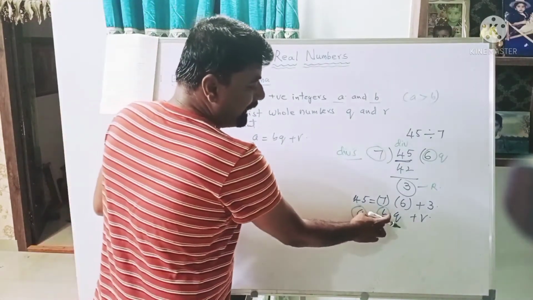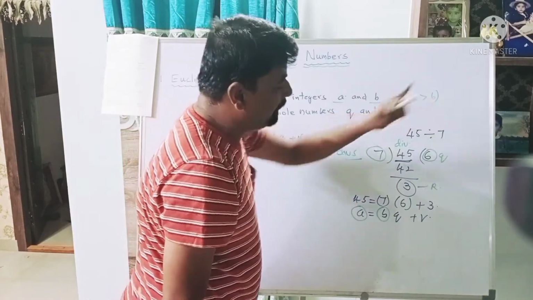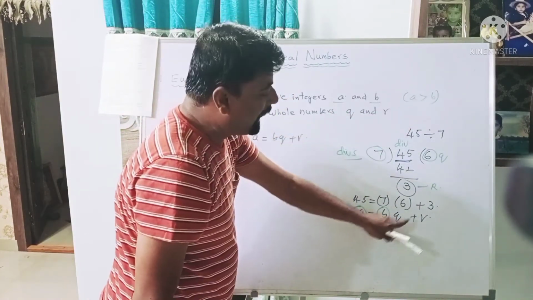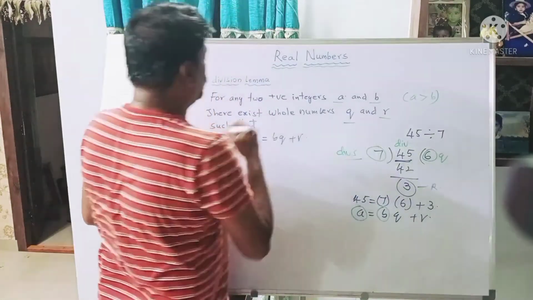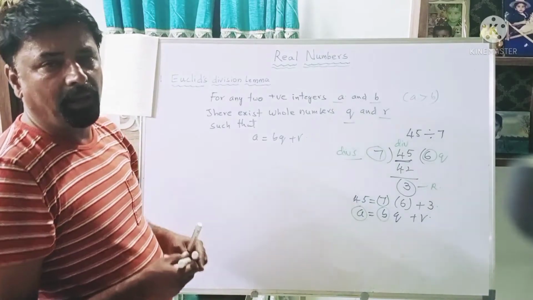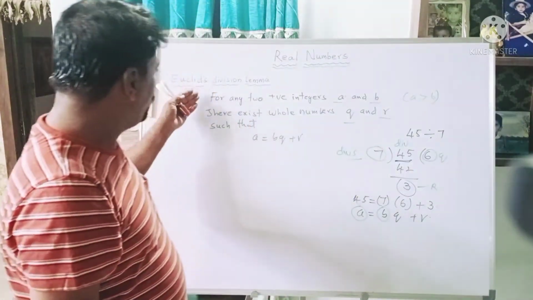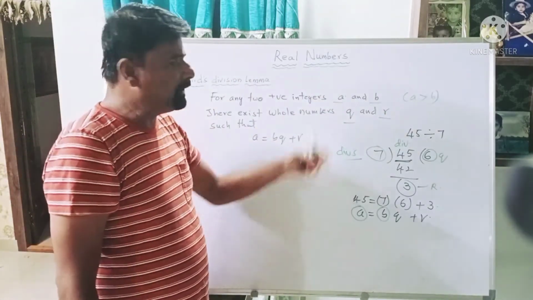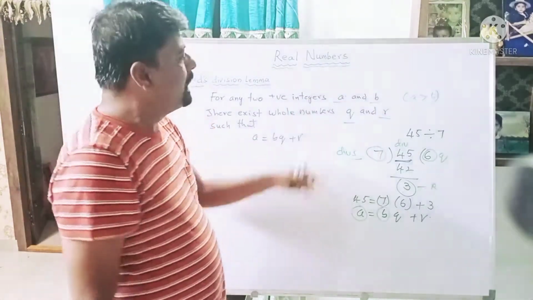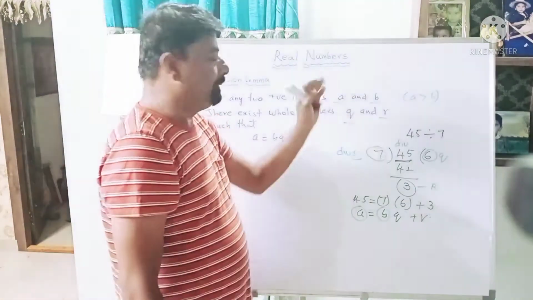When a is divided by b, where a is greater than b, you will get a quotient and a remainder. These q and r are unique, they will not change. So Euclid's division lemma says that if you take any two positive numbers, you can form a relation by taking q and r as whole numbers.